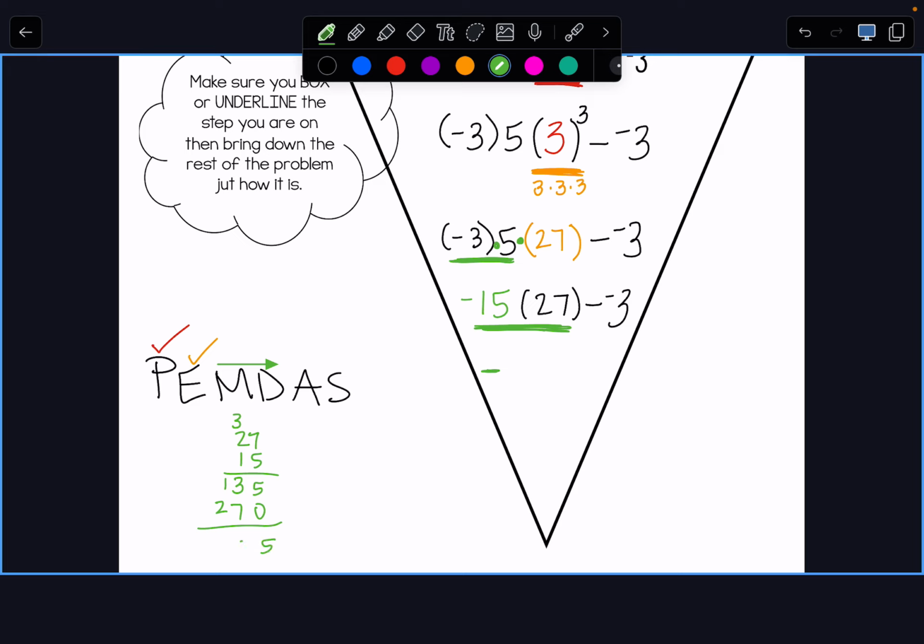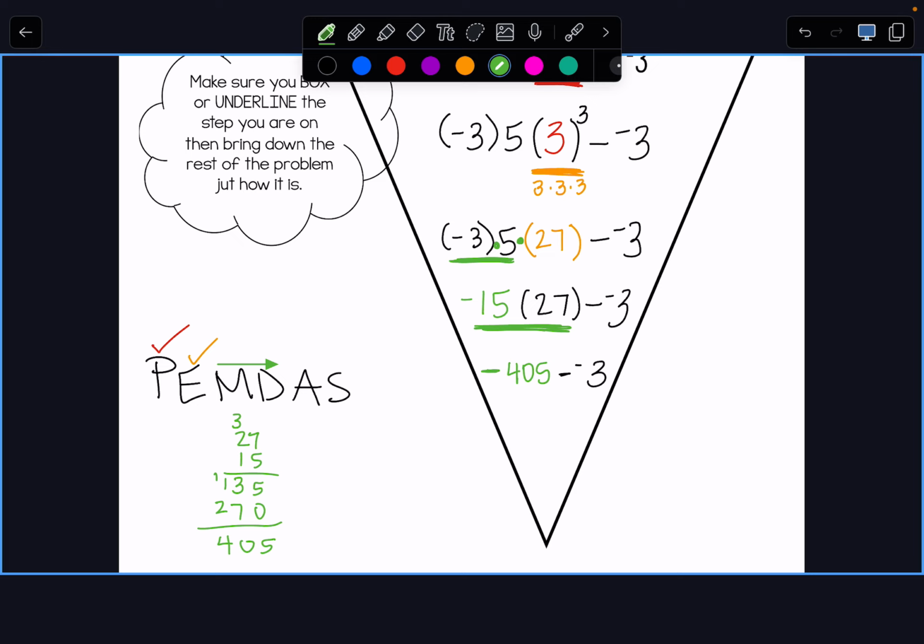So I'm getting 405. Is that what you got? That's a big number. Jacob Tanner got that. Matthew Contreras got that. So we have negative 405 minus a negative 3.